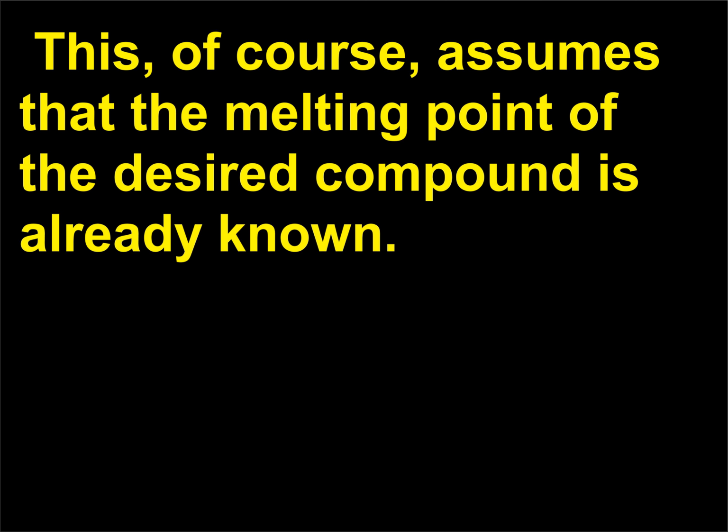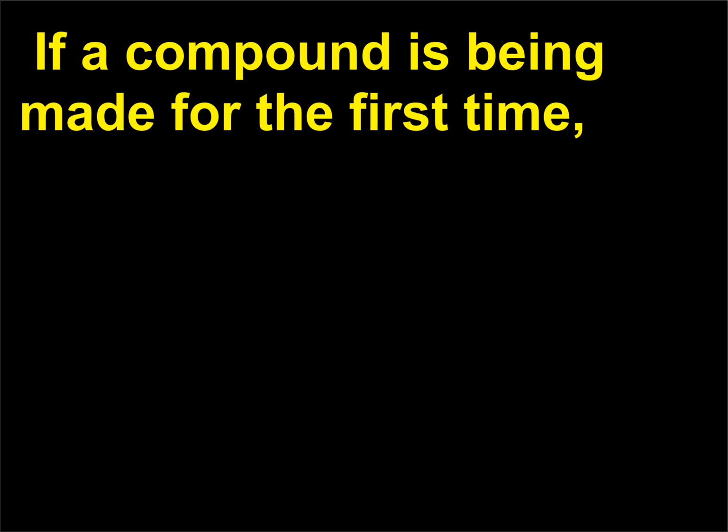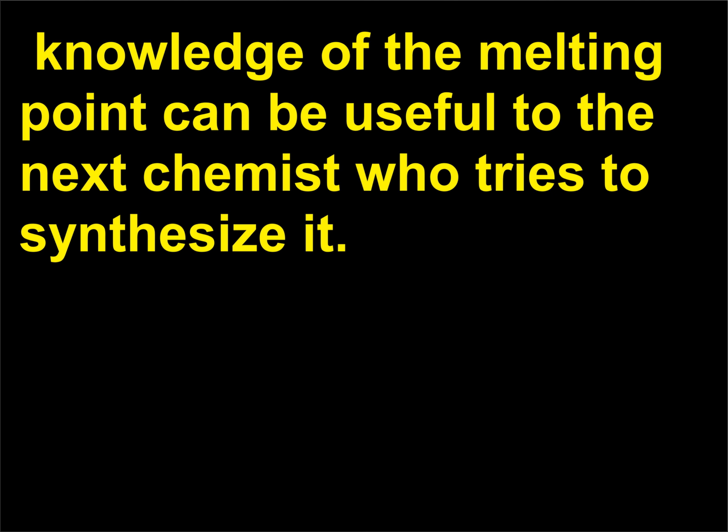This, of course, assumes that the melting point of the desired compound is already known. If a compound is being made for the first time, knowledge of the melting point can be useful to the next chemist who tries to synthesize it.